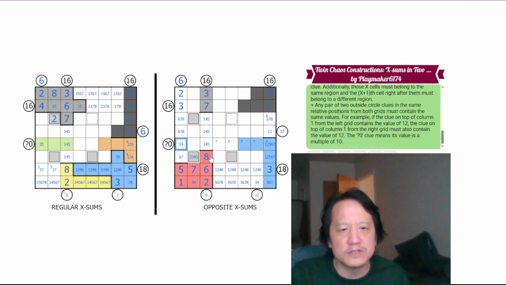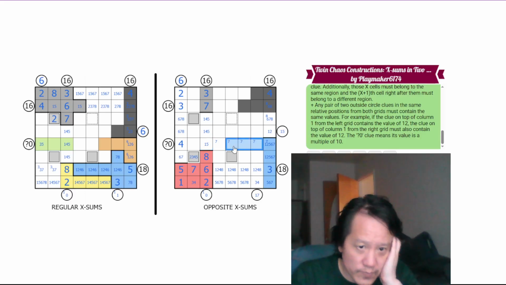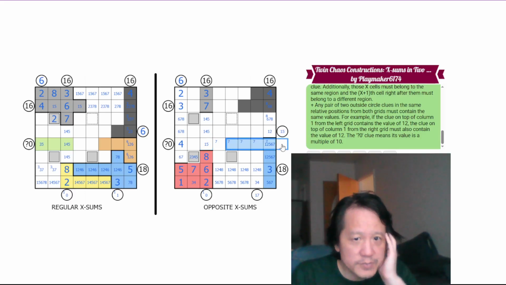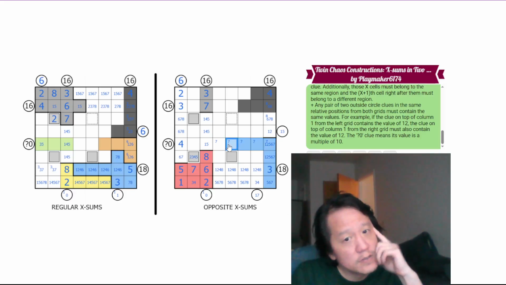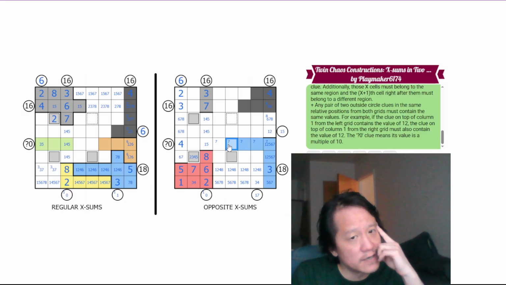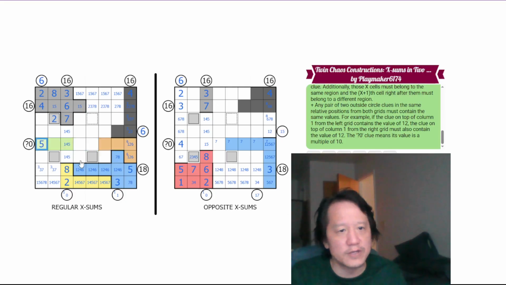What happens if we set this to 3? If this is 3, this is 4. No 4 here. This must add up to 20 at least. Sorry, have to add up to 20, period. So this would add up to 20. It obviously can't be 3, so that would force this to be 5.